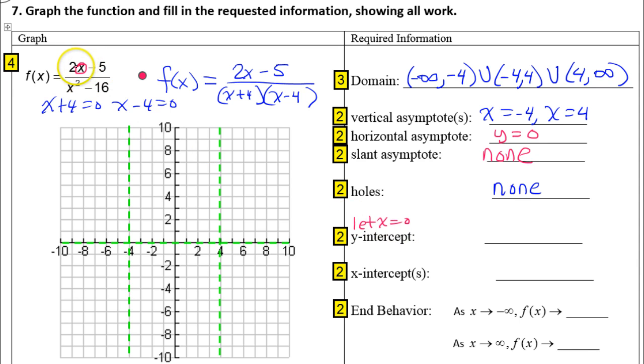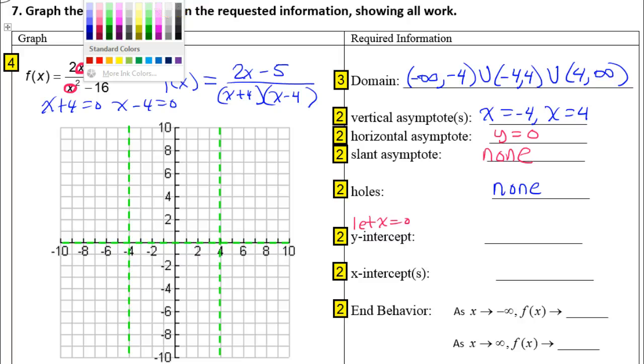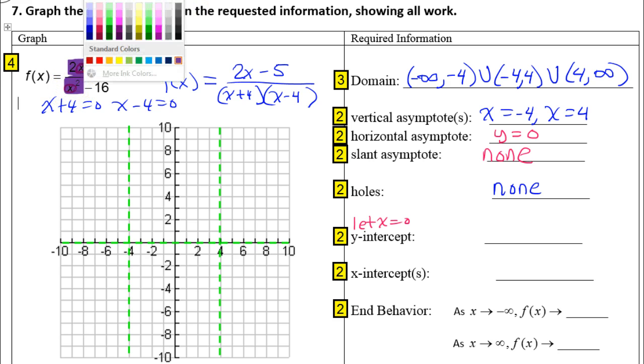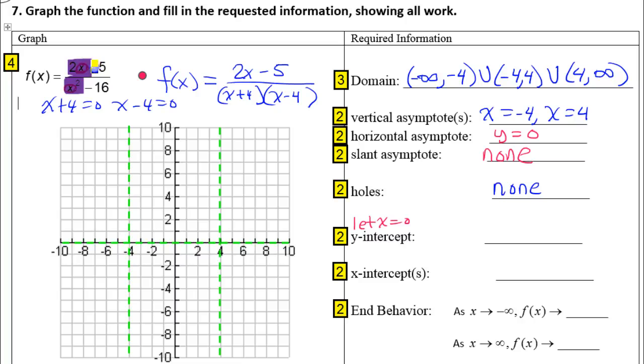Imagine that I put in 0 for x right here, and 0 for x right here. Because I put in 0, this term is gone. And I put 0 here, so this term is gone. That only leaves these two terms, the negative 5 over the negative 16.